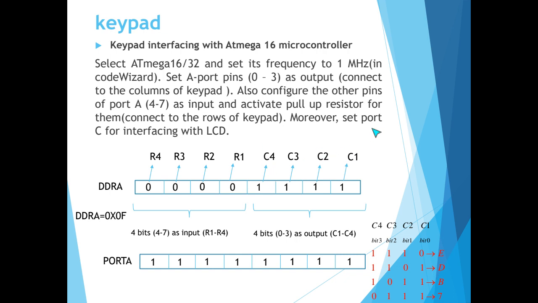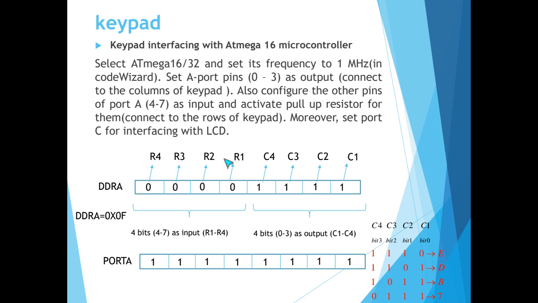For port A, the 4 first pins, which are connected to the columns as output, we need to write logic 1 for those bits. You see that in the DDRA register, I wrote logic 1 for all of them. Also, the 4 other bits, bits 4, 5, 6, 7, which are connected to the rows, are configured as input and their pull-up resistor activated.